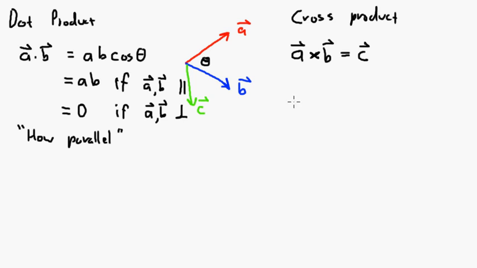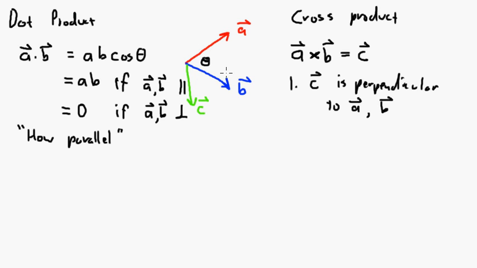There we go. So if C is the cross product of A and B, then first of all, C is perpendicular to A and to B. So C points in the direction that is perpendicular to both of these.